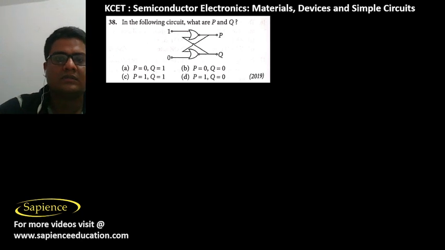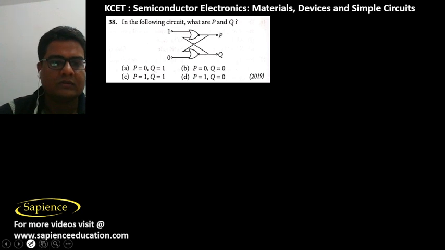Question number 38, it is told in the following circuit, what are P and Q? So here, this is one, this one is 0.